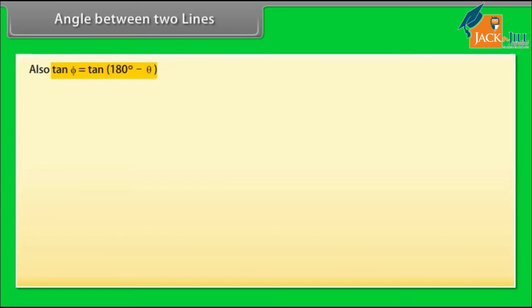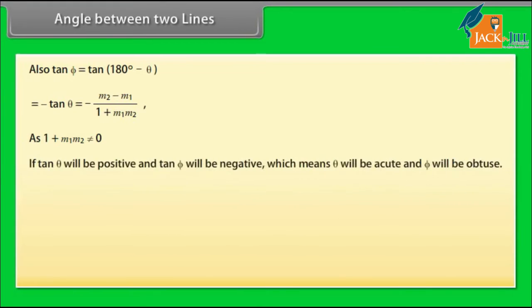Also, tan phi is equal to tan of (180 degrees minus theta), which is equal to minus tan theta, which is equal to minus of (m2 minus m1) divided by (1 plus m1 m2), as 1 plus m1 m2 is not equal to 0. If tan theta is positive and tan phi is negative, which means theta will be acute and phi will be obtuse.